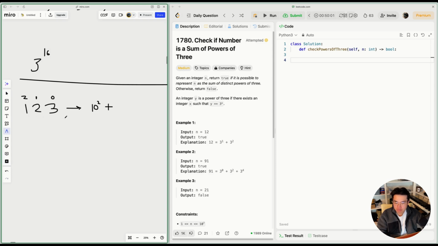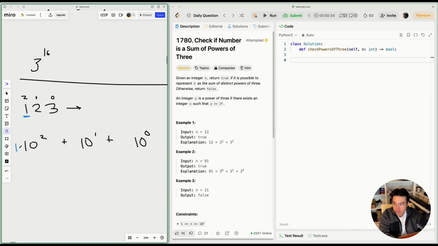Let me write this a little bit better. This means 10 to the 2 plus 10 to the 1 plus 10 to the 0. And then these numbers right here represent how many times that happens.